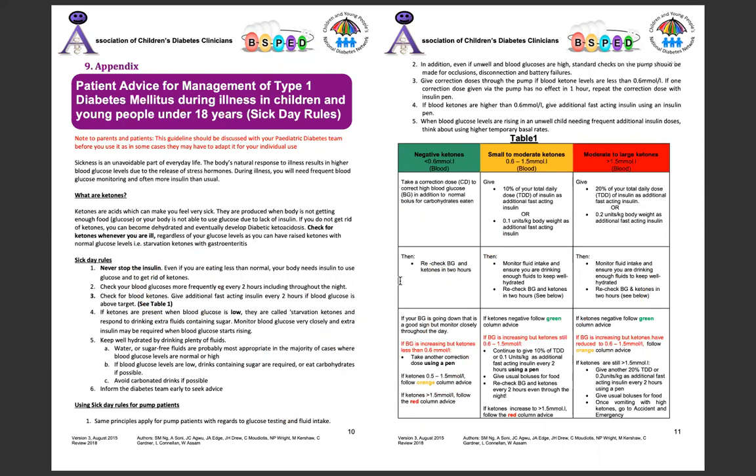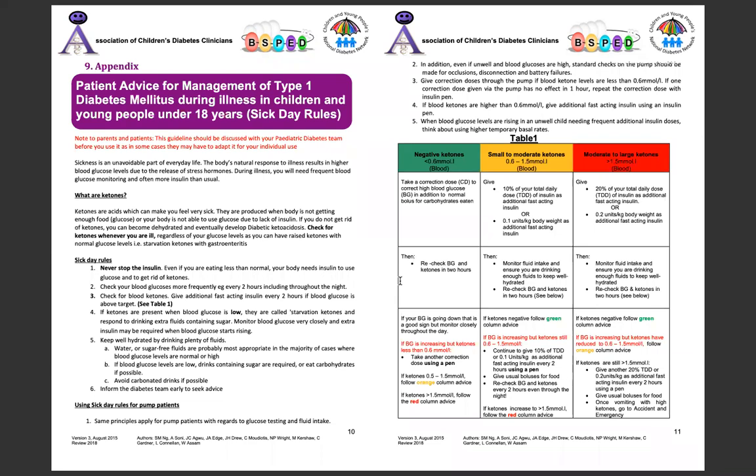This is for fast acting only. Remember, however sick the child is, you have to continuously give the long acting. Long acting we give usually at night before supper, or the morning dose. That you cannot omit. Remember, in any sick day, the long acting dose should be continued.